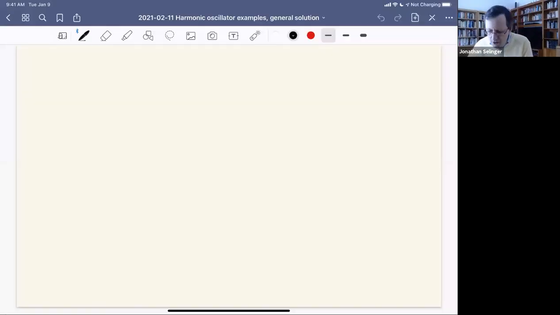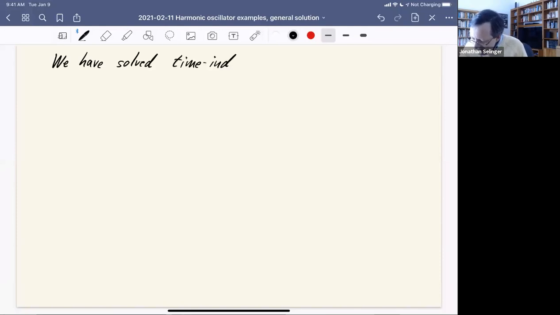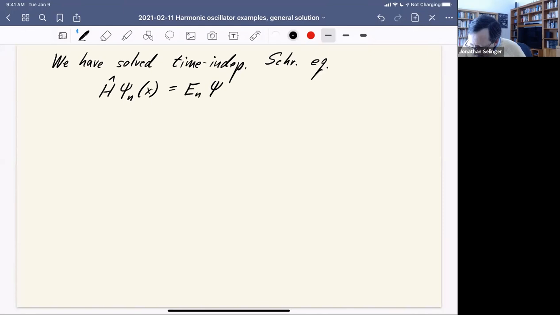We have now solved the time-independent Schrodinger equation, which is that the Hamiltonian acting on the function psi n of x is equal to En times psi n of x.